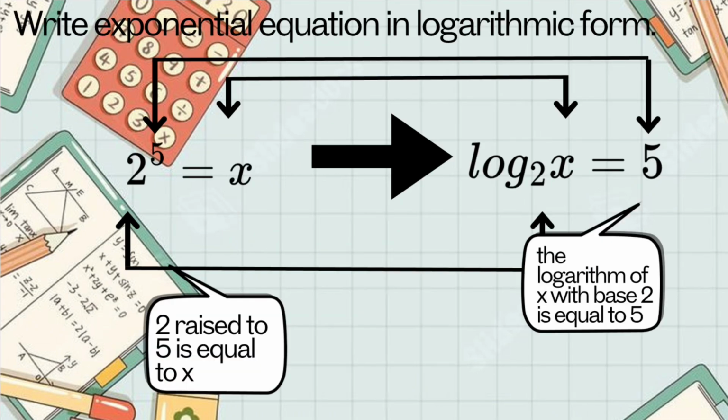For example, write an exponential equation in logarithmic form. We have 2 to the power of 5 is equal to x, and the logarithmic form is log x to the base 2 is equal to 5.